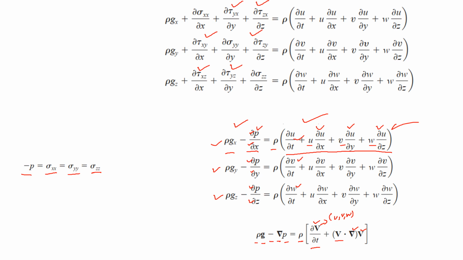So this is the more generalized form, and this is our more generalized equation of motion for a single fluid particle, and this equation is also called the Euler's equation of motion.